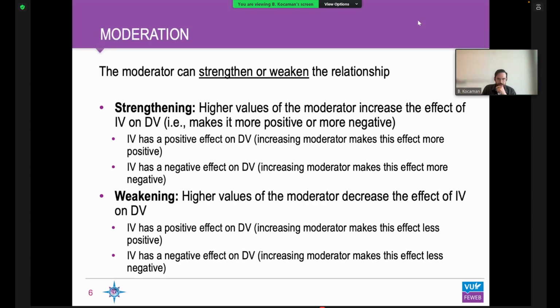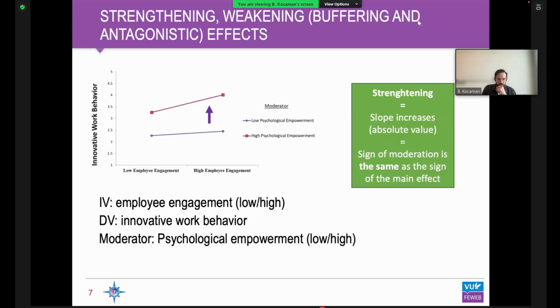Okay, let's look at these a little bit more in detail and also graphically. Here you see an example of two regression lines. When we have a moderator, if this moderator is a dummy variable, then we actually get two different regression lines.